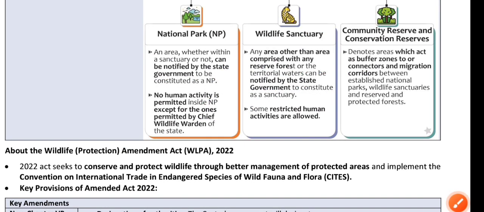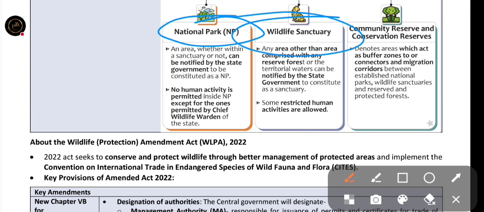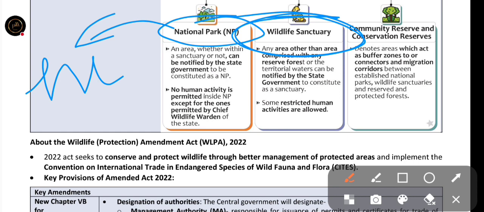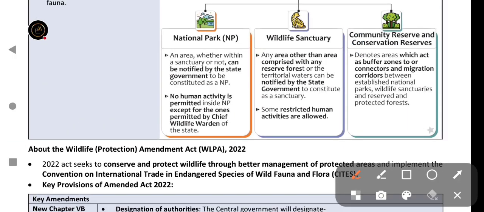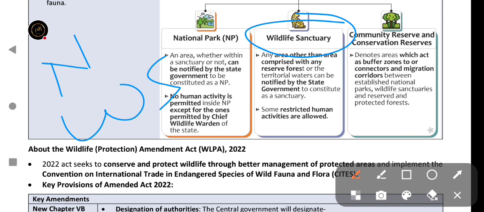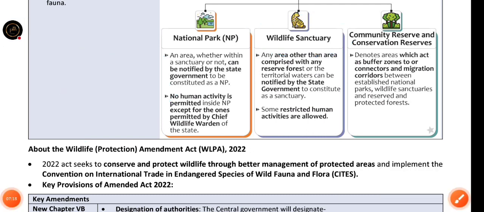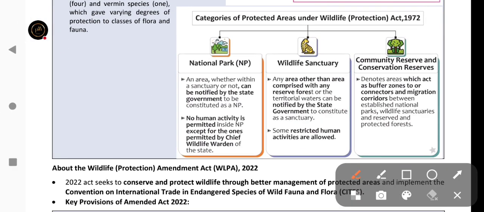You should remember the difference: the national park is a higher protected area than the wildlife sanctuary. And this fact is very important for prelims as well as mains examination, especially prelims: a national park cannot be designated as a wildlife sanctuary, whereas a wildlife sanctuary can be designated as a national park. So this is the difference between wildlife sanctuary and national park.